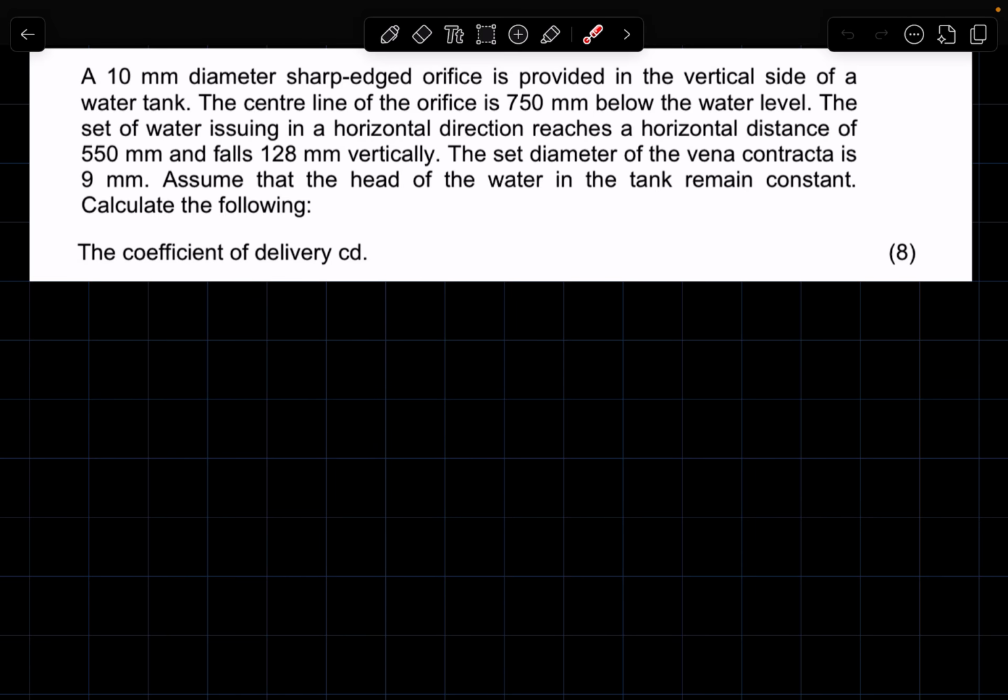The jet of water issuing in a horizontal direction reaches a horizontal distance of 550 millimeters and falls 128 millimeters vertically. The jet diameter at the vena contracta is 9 millimeters. Assume that the head of water in the tank remains constant. Calculate the following: coefficient of discharge. So they want us to calculate Cd, right?